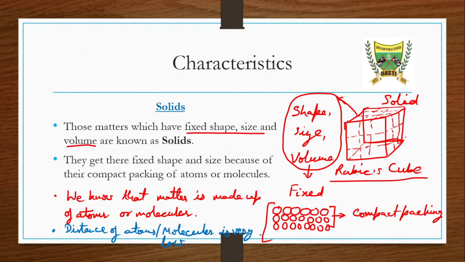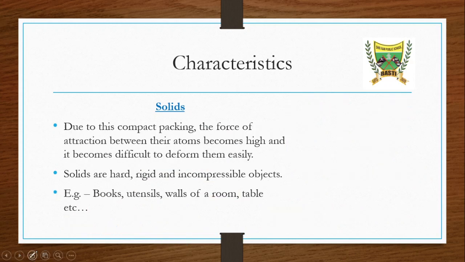So if in any matter the distance between atoms and molecules is very low, then we will say these matters are solids, and solids have fixed shape and size. Okay. Why they have fixed shape and size, we have already discussed, because of their close packing, their compact packing.